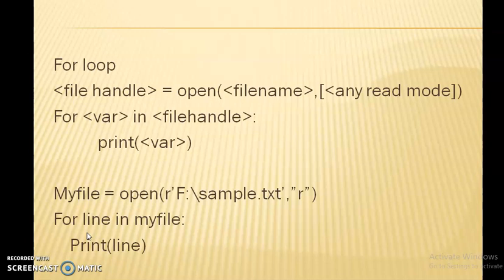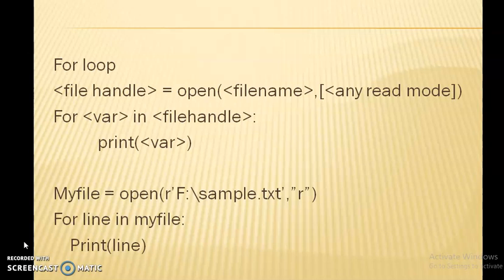The reason is that when you iterate over a file handle using a for loop, the loop variable moves through the file line by line, where a line of a file is considered a sequence of characters up to and including a special character called the null character. The for loop variable starts with the first line, and with each iteration it moves to the next line.